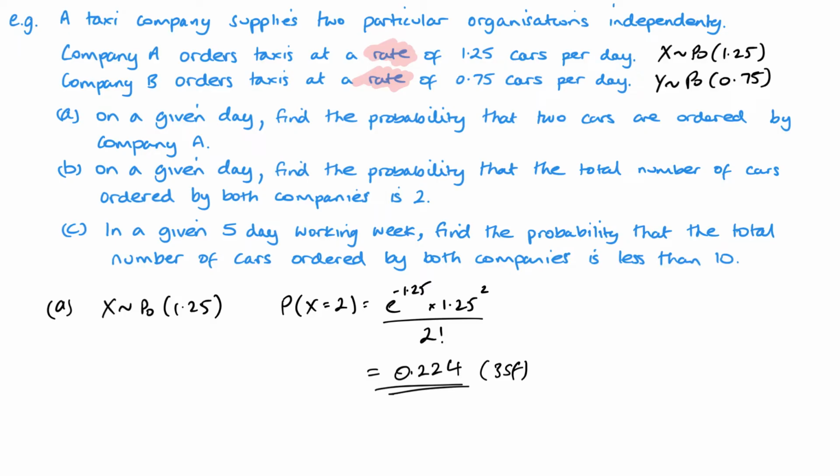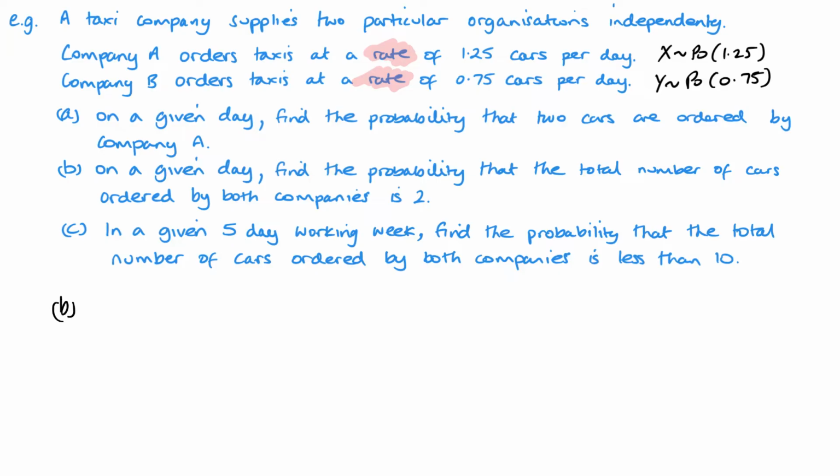Now we're on to part B, which says, on a given day, find the probability that the total number of cars ordered by both companies is 2. This is where we get to put our distributions together. So for B, X plus Y is going to be 1.25 plus 0.75, so it's going to be 2.